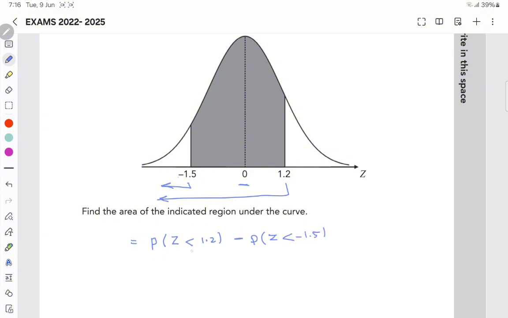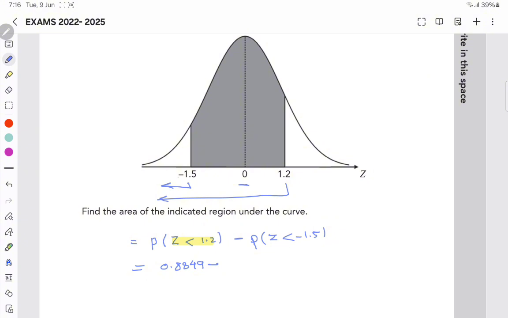We use a table for z positive and the area below, so we can use the table to state that. No problem here. So we look to the table to state the value of 1.2. So 1.20 will be 0.8849 from the table. But I have a problem here because we just use the table for values of z that are positive, with the area below, or on the left.